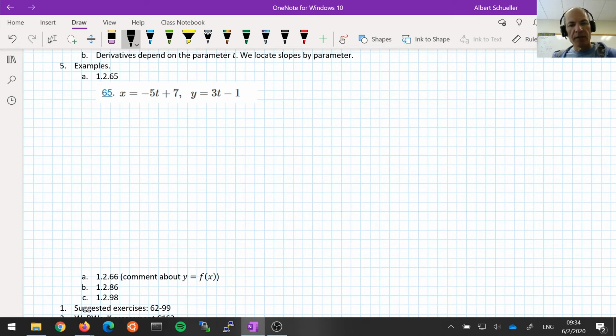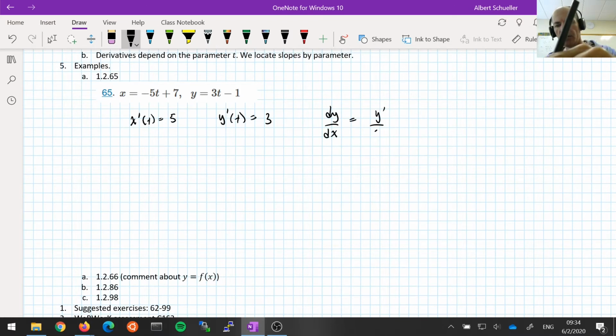Well, let's find the derivative of x with respect to t, x prime of t is 5, y prime of t is 3, and dy/dx is given by y prime over x prime. That's 3 over 5. So the slope of this line is a constant, it's 3/5.